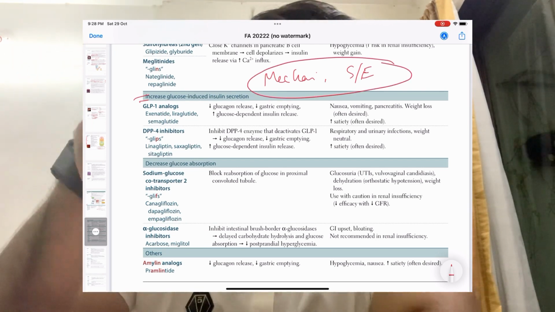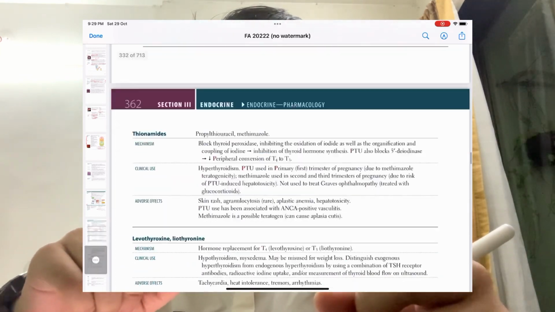This is the only way how pharmacology will be asked. They will give you a case, they will tell you the drug name also, then they will ask you the mechanism. They will give you the case, they will give you the mechanism, and you will have to find the drug name, and then you will have to find the side effects. Okay, they will test you like this. Okay, so each and every drug of diabetes is very important.